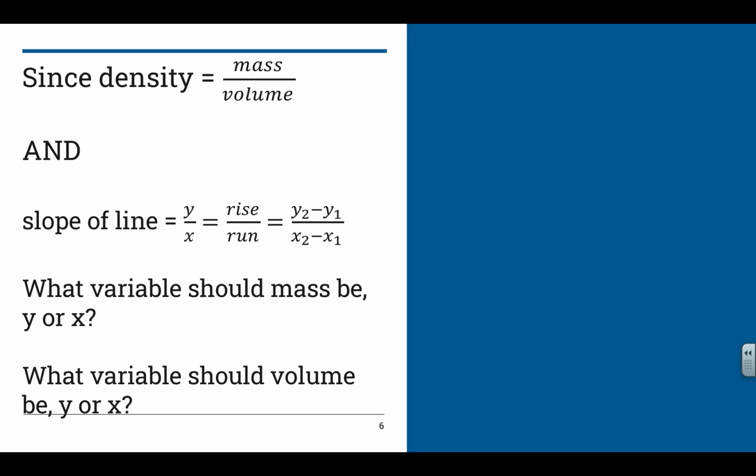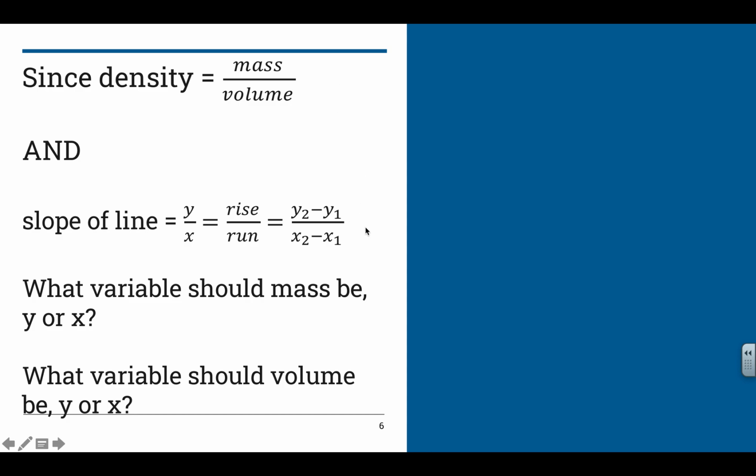Well, let's think about this for a second. Since density is mass divided by volume, and we can also take the slope of a line on a graph, that y over x, the rise over run, or y2 minus y1 divided by x2 minus x1, all that stuff you did in algebra, we can take that and think about which one should be y and which one should be x.